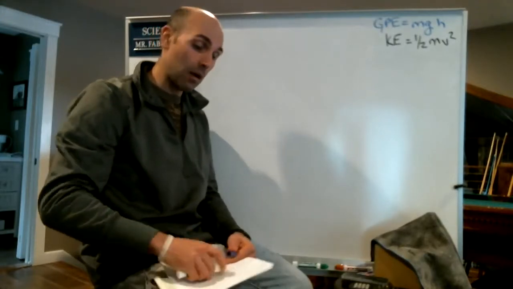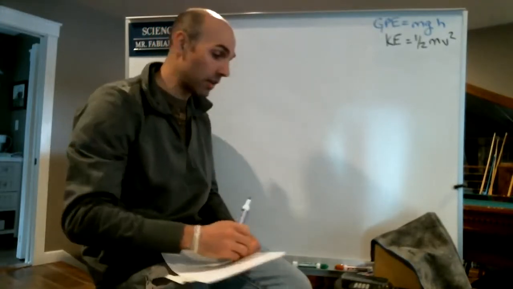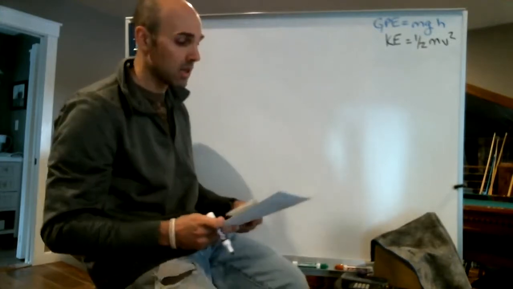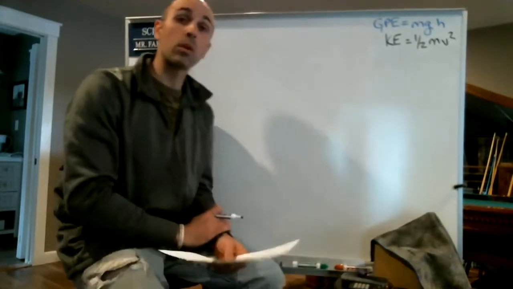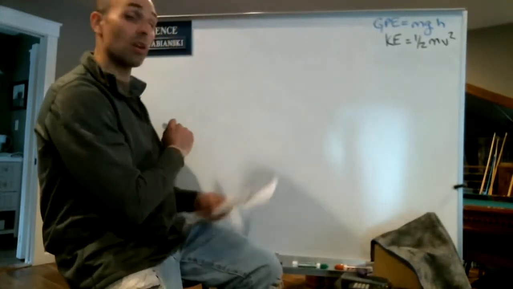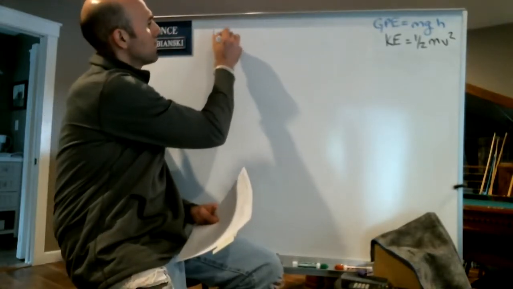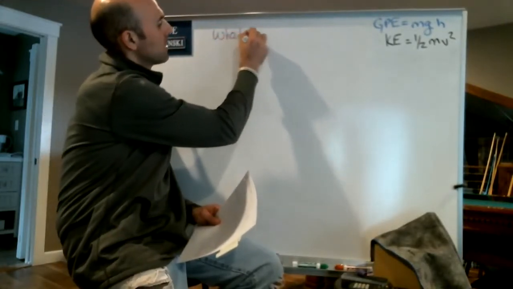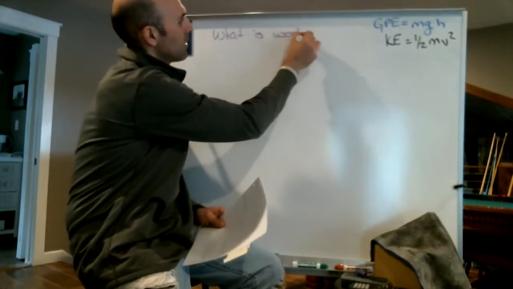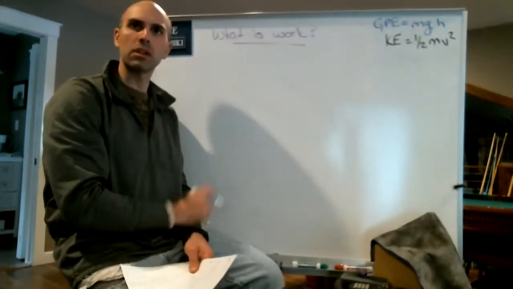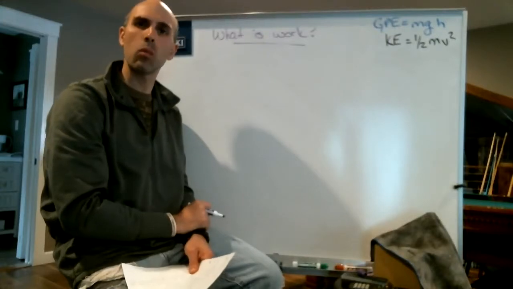So, I will be using my purple marker now that I found in the last edition. And let's start with what we know. All right, so work. What exactly is work? Okay, what is work?